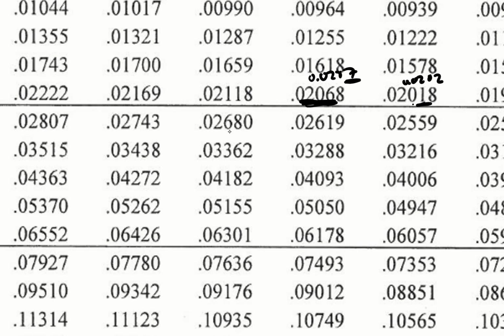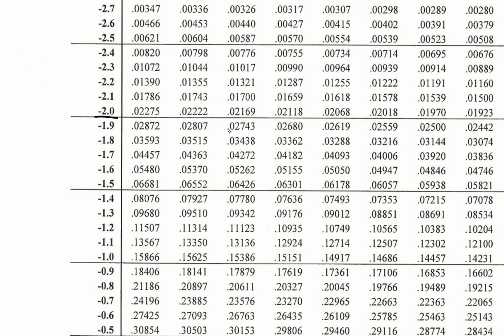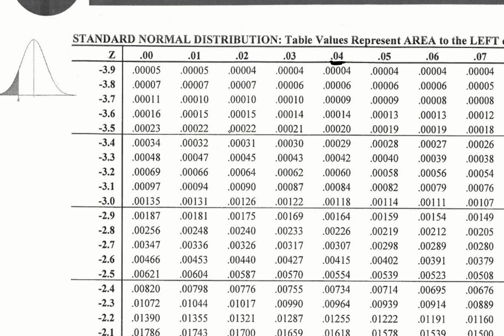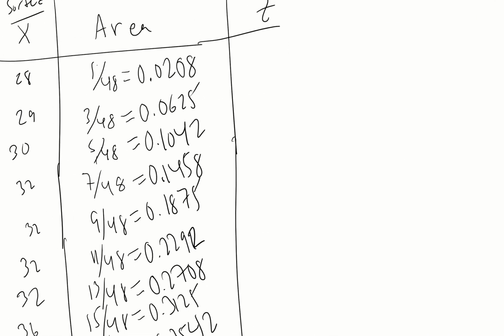So that's the closest to 0.0208, and the z-score for that is negative 2.04. So we'll say this is negative 2.04, and that's what you do.